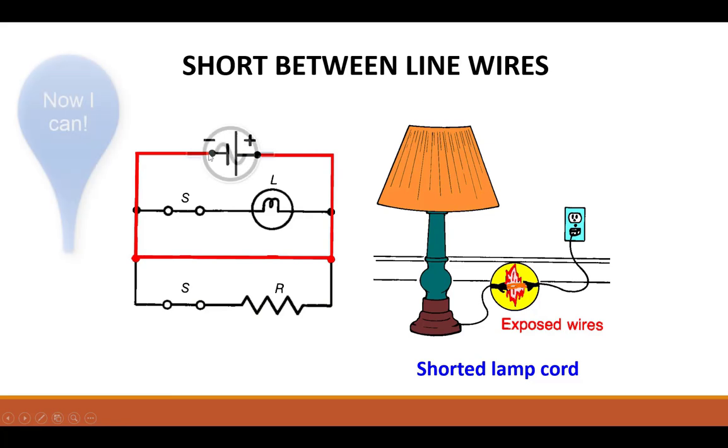But I couldn't edit this picture, so I had to leave it alone. But a short circuit essentially goes from one side to the other, and the current that flows in this loop without any resistance in it is so high that it takes out safety devices right away.